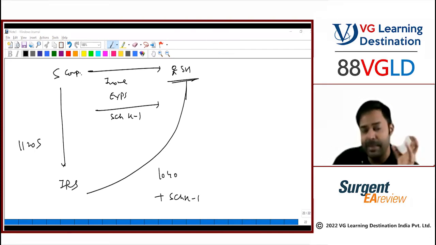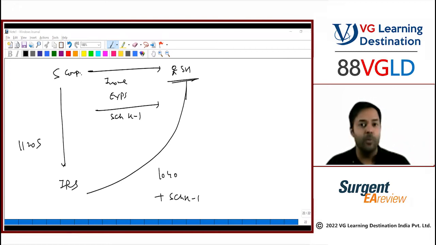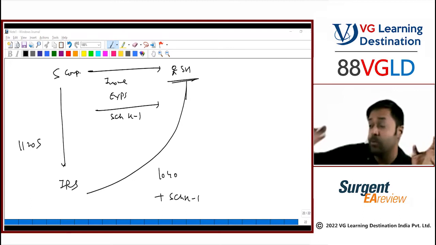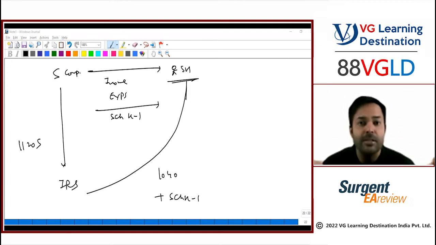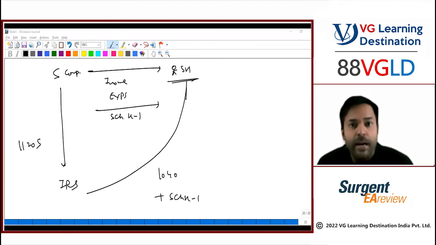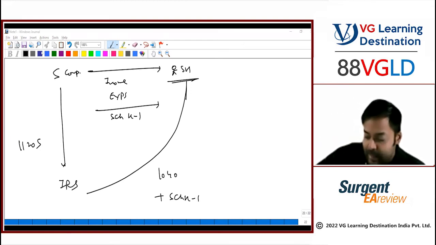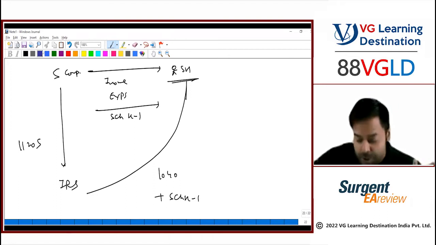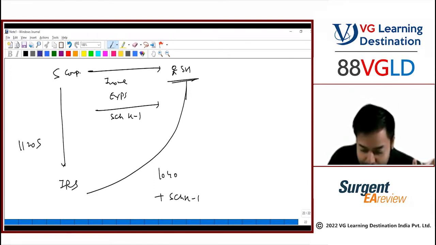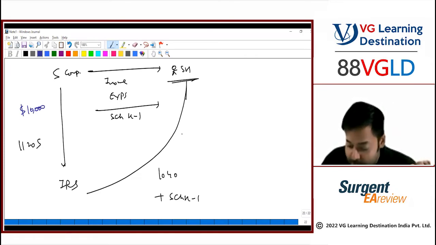Now please understand, the IRS has both pieces of information: the 1120S, what the S corporation is saying, and what the shareholder is saying. It's a cross checkpoint for the IRS. Let's say the S corporation says the income transferred to the shareholder is $10,000, but the shareholder says, no, I only need to report $6,000.